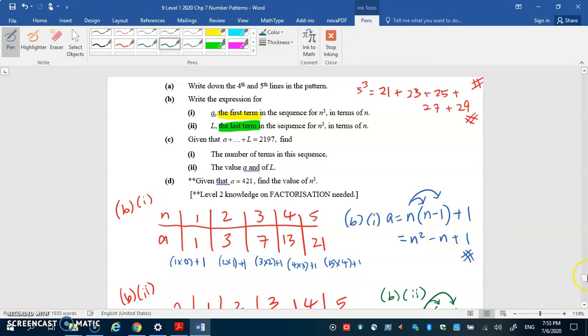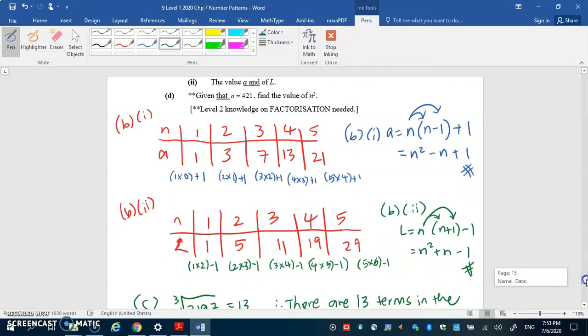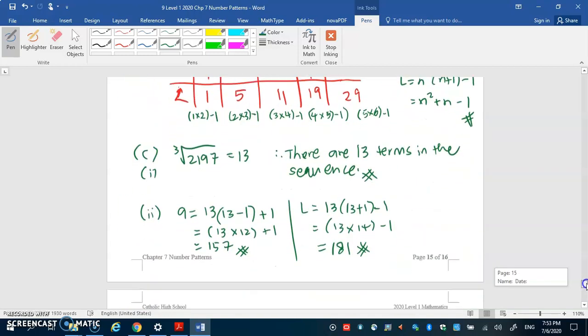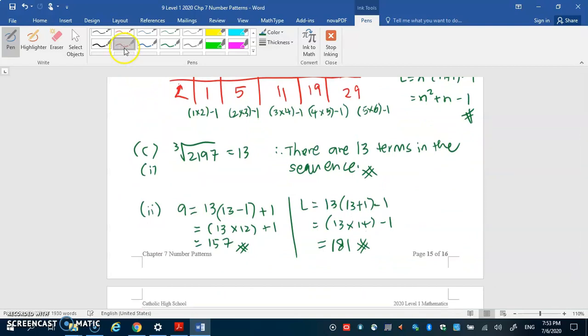Okay, so 421 equals, is there space for me? Okay, part D. 421 equals n times n minus 1, the whole thing plus 1. This is what we found in part B, right? The formula for A. So n times n minus 1 plus 1.